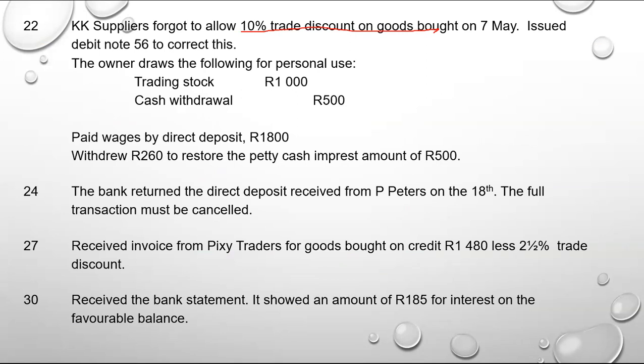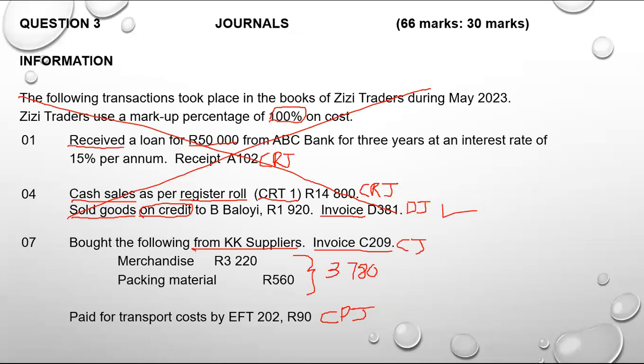So you're going to have to go back and check what the cost price of the merchandise was. It was this 3,220. You will say, take that 3,220 and put it under creditors allowances journal.